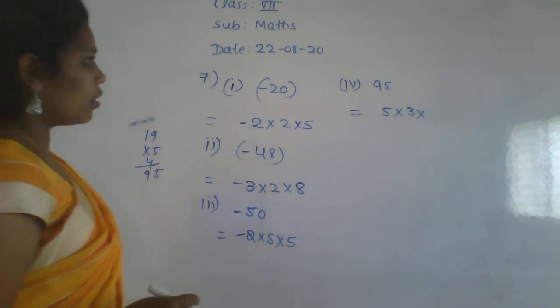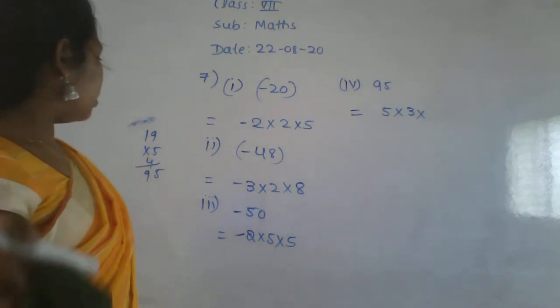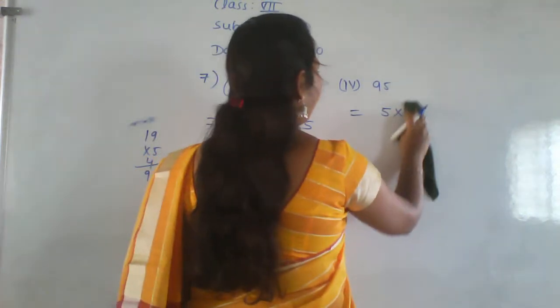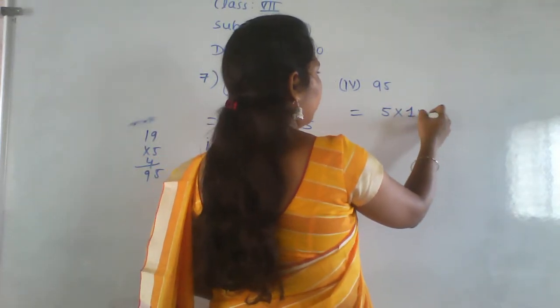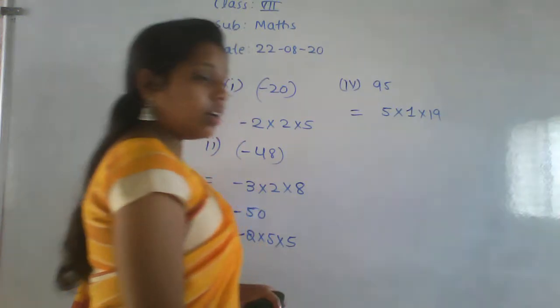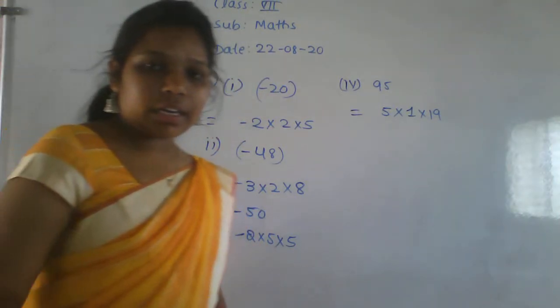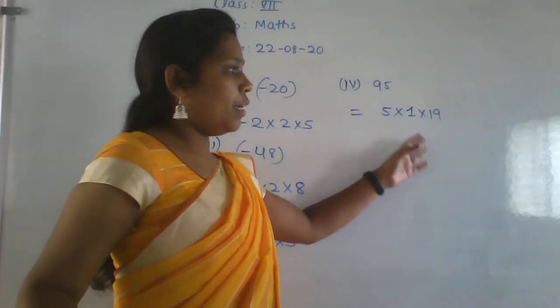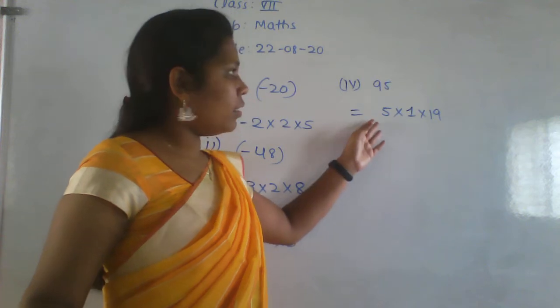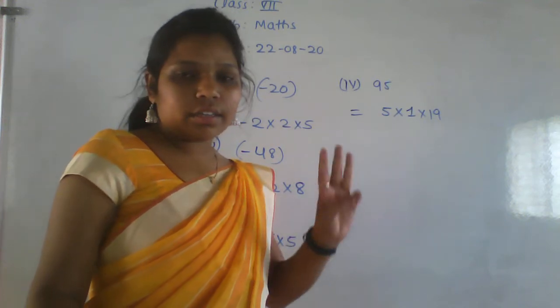So we can take the product; the only way we can take here is 1 into 95. We can't take other values here. So that is 5 into 1 into 19. Again this is a product of three numbers here.